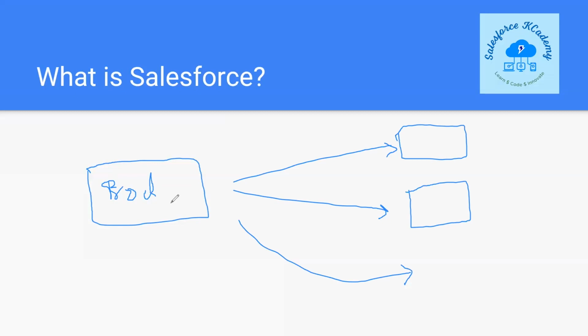Whether it's a small company or a big company, at the end of the day, you want to sell your products to the customers, and you want to maintain those customers for a long time. And finally, if the customers have any issues with the products, they should be able to reach you by raising their concerns. To manage everything related to these customers, companies are using a tool called Salesforce.